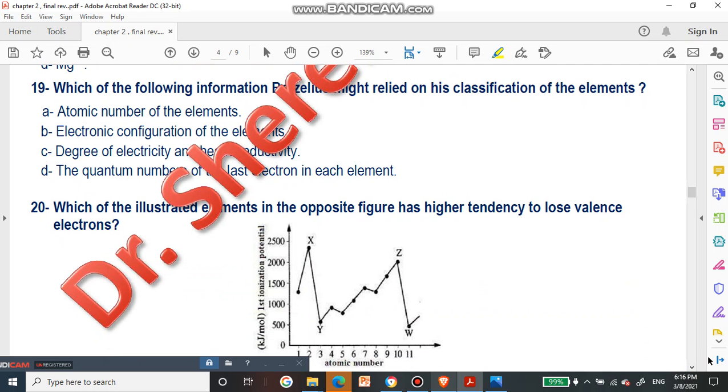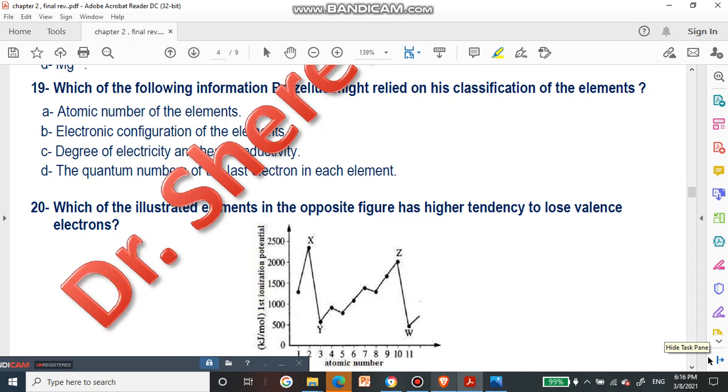When Berzelius made his classification of elements, he depended on some of the properties of elements. The options are: the atomic number of the element only, the electronic configuration of the element, the degree of elasticity and heat conductivity, or the quantum number of the last electron in each element.